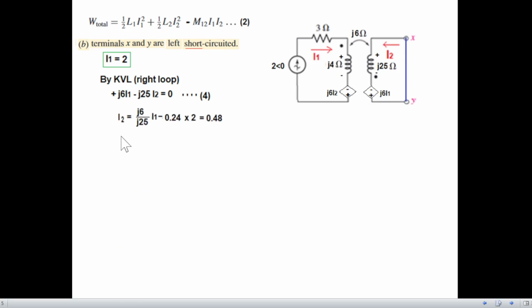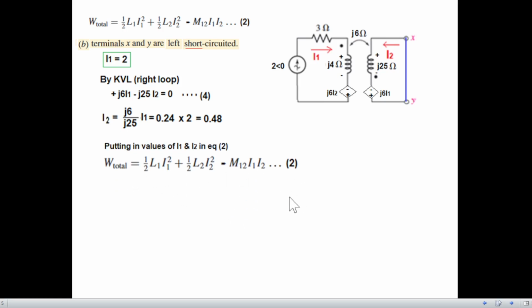And from here we can find I2, which will be j6 I1 over j25, and this should be an equal sign. So 0.24, multiplied by 2, will be equal to 0.48. So from here I2 is 0.48, and now we'll plug in the values of I1 and I2 in this equation.